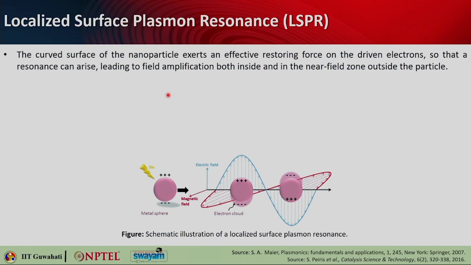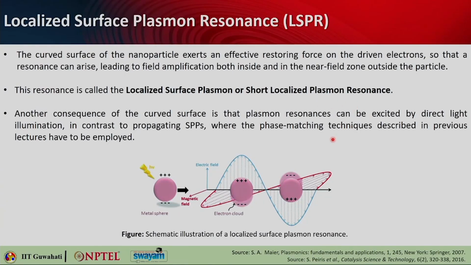If you put a bulk of jelly on the table and try to poke it with a finger or a spoon, you will see that the jelly is wobbling. A similar kind of feature is also seen for surface electrons in this case. So this leads to a field amplification both inside and in the near field zone of this particular particle. So the inside and near field of the particles will get some kind of amplification of the electromagnetic fields, and that is what will give rise to resonance.